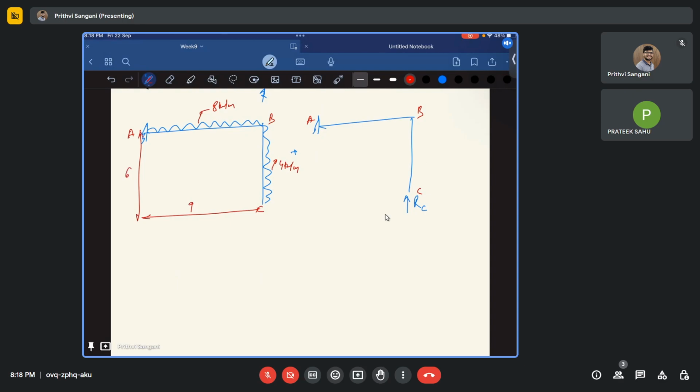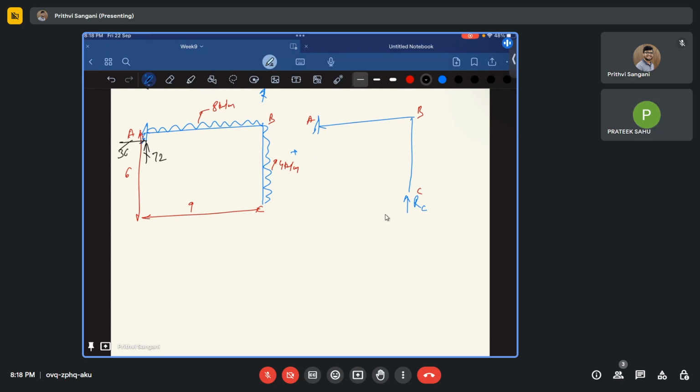What are my support reactions going to be? 8 times 9 is 72. This is 72 directly, because there is only one vertical reaction possible. What about the horizontal? The horizontal is going to be 4 times 6.